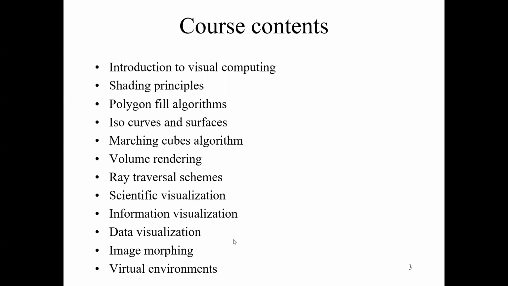You may have discussed those if you have done statistics, right? You may have gone through some of the techniques that we are going to discuss under these three topics: scientific, information, and data. And image morphing, right? I think this is going to be done even in digital image processing, but anyway, here we'll discuss some underlying theories.